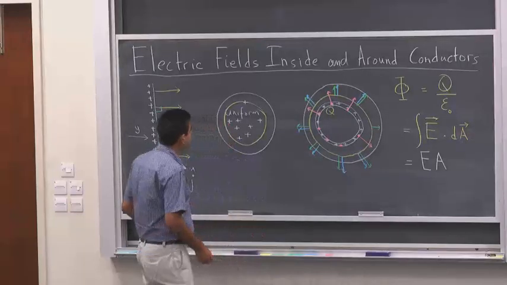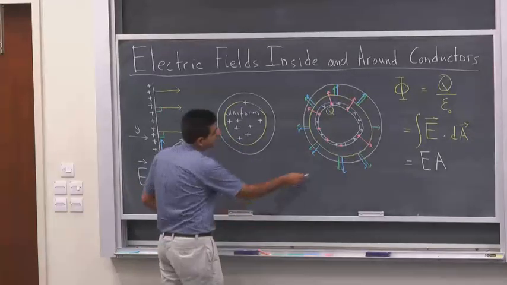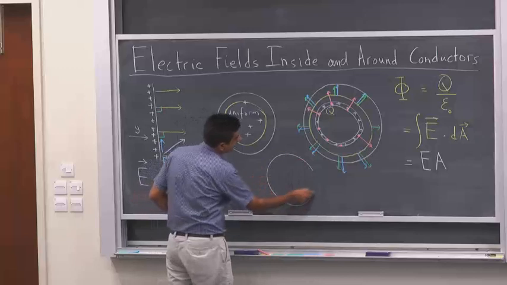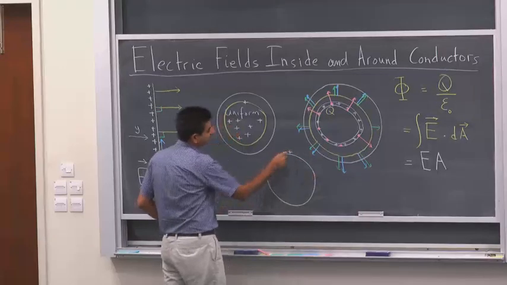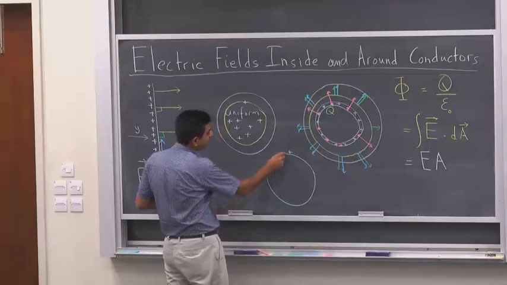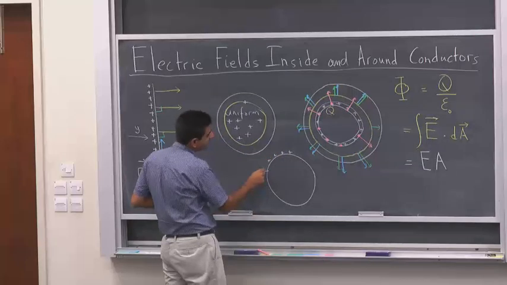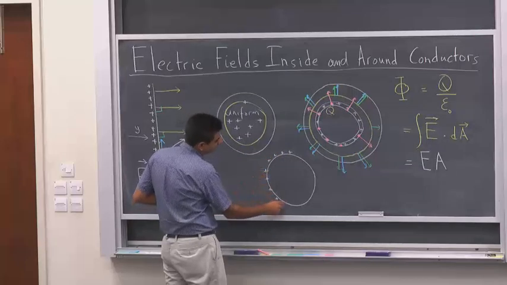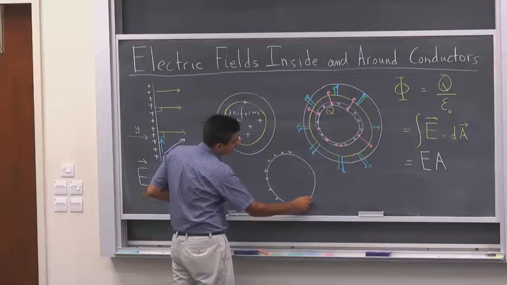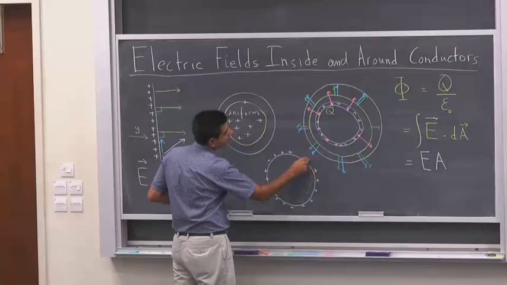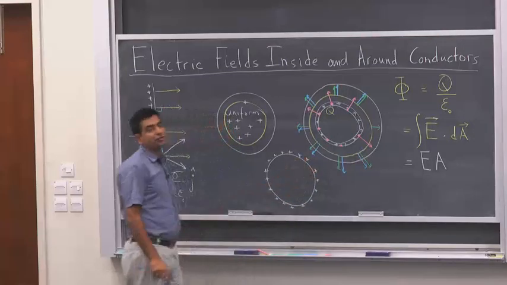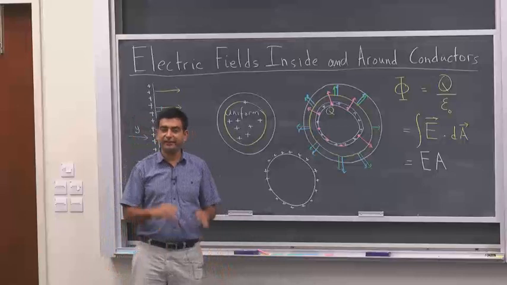So if this were my metallic sphere, then all the charges would exist. If it were a positively charged object, all of them would exist on the outer periphery, on the outer surface, on the skin of this sphere, and no charge would exist inside.